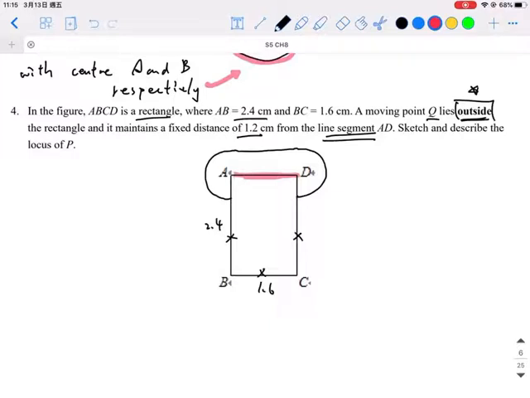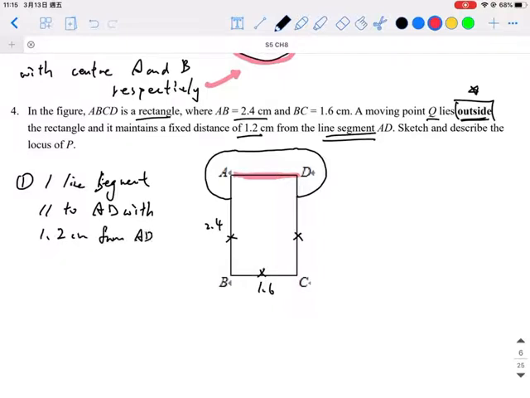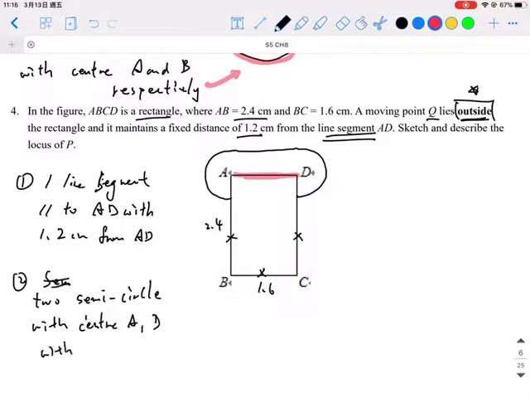Now how to describe it: the first point is only one line segment, which is parallel to AD at 1.2 cm from AD. And the second point is two semicircles with centers A and D and radius 1.2 cm.